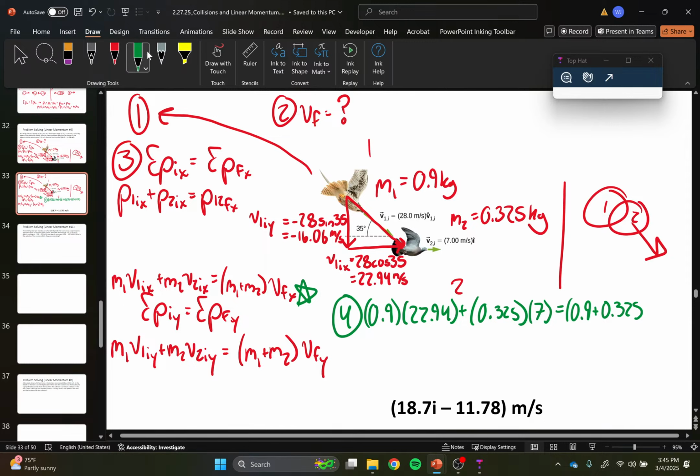And that's what we're solving for, V final x. If you just plug that in a calculator, do the algebra, you'll find that V final x is 18.7 meters per second. Add up everything on the left. I'll go ahead and do the steps, but the algebra should hopefully be the easiest part of any physics problem I give you. That's the dream. The hard part should be the physics.